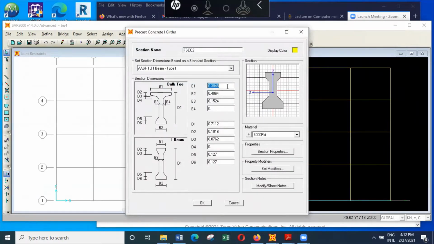I can go with the beam having a width of 0.45 and a depth of 1 meter, and B2 is 1.8, and this is inverted T 1800 by 1000, and we can see D2 as 0.7 and D6 as 0.3 and all the other values as 0. And then this B2 as 1.8, B3 as 0.45.